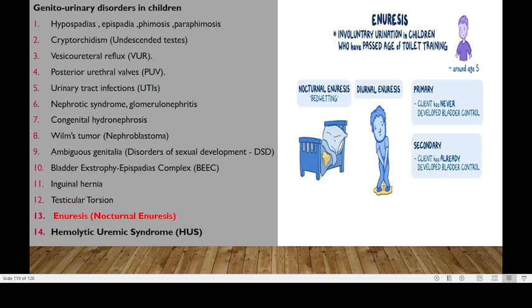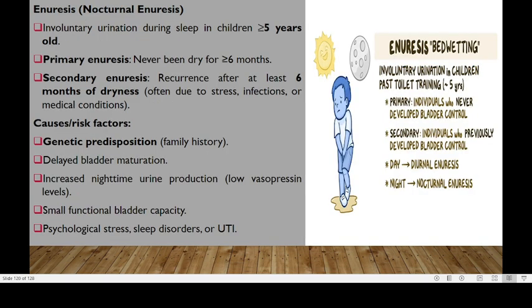The second last condition is enuresis, that is nocturnal enuresis, bedwetting, right? Involuntary urination during sleep in children who are more than 5 years old. So enuresis can either be primary enuresis or secondary enuresis.